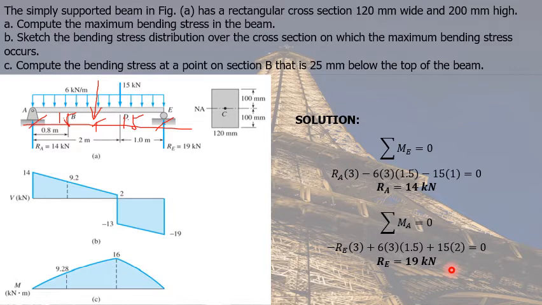If our summation Fy is equal to 0, that means that our support reactions that we computed are correct. So I want you to work on summation Fy equal to 0 and comment down below if it is indeed equal to 0. Okay.